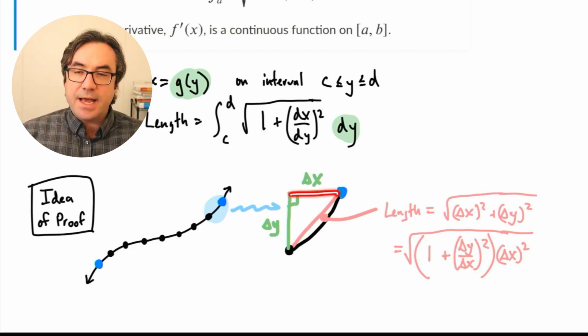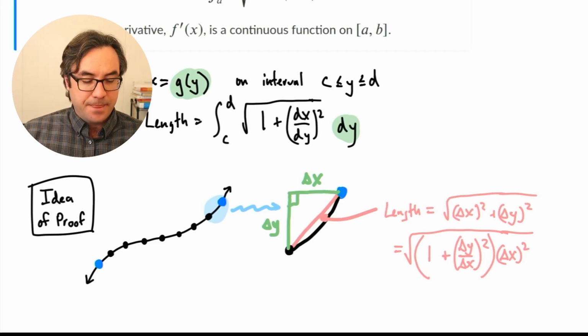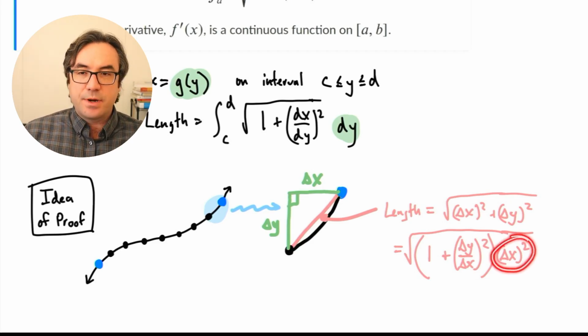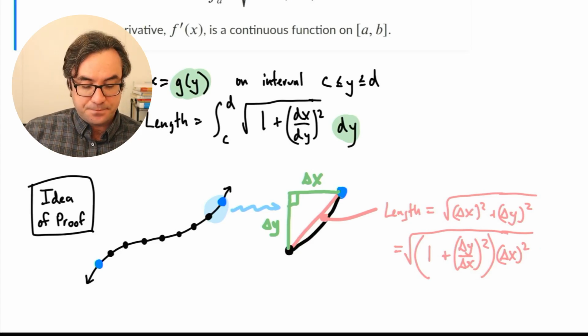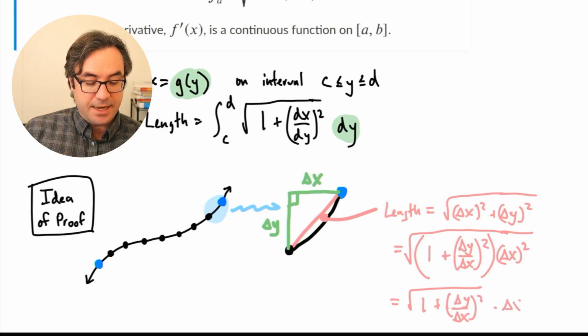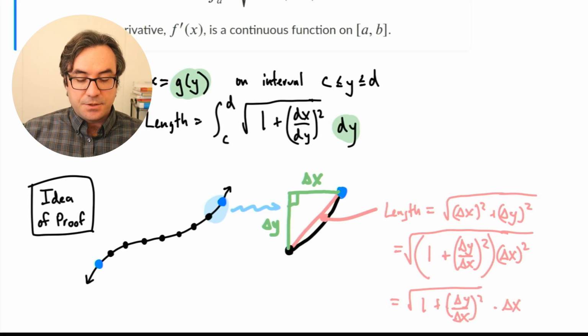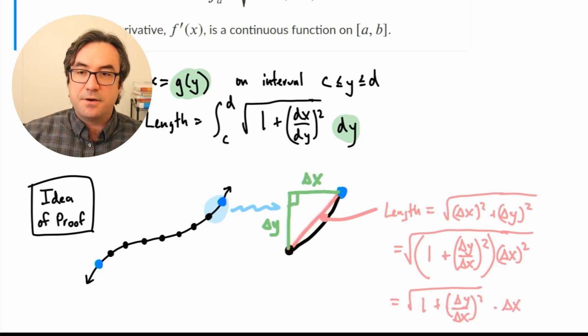Now, change in x is going to be positive here, so I can bring this outside of the square root sign. So this becomes 1 plus delta y over delta x squared times delta x. So that's just the length of that one little segment.